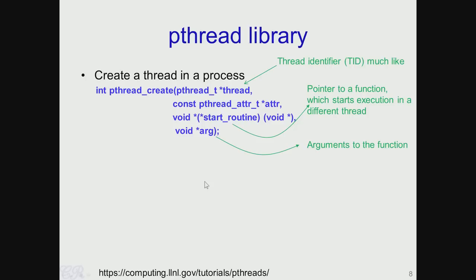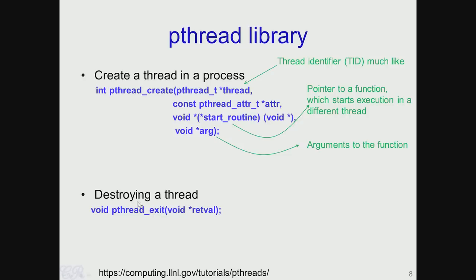Now that we have created a pthread, and let us say it has done its job, the next thing is to destroy a thread, and this is done by the function called pthread_exit. pthread_exit will also pass a pointer to the return value in order to pass the return status of the thread.